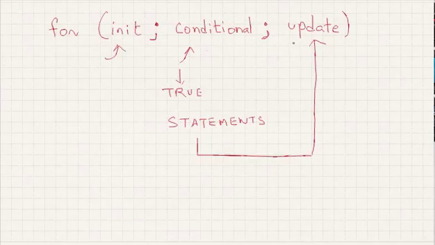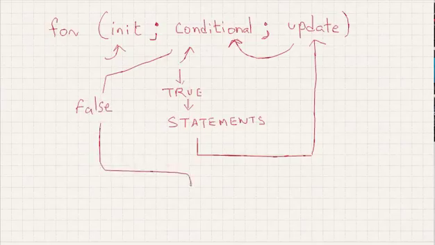And once it's done, it goes and verifies the condition. If it's true, again it repeats the process. If it is false, it exits out of this for loop to the rest of the program. Very simple, right?